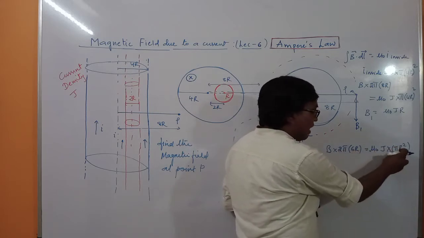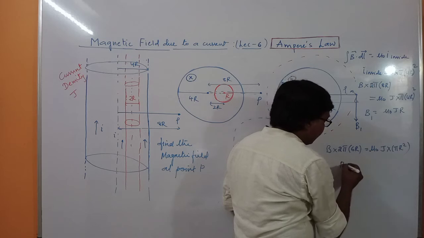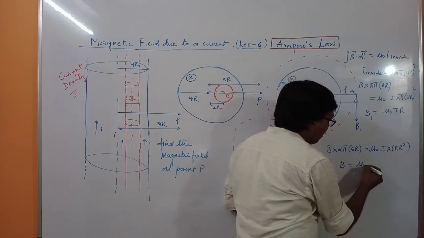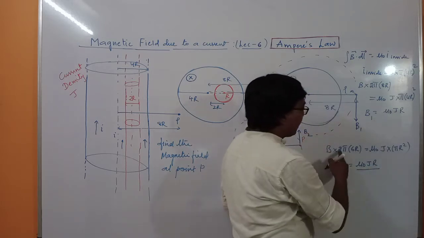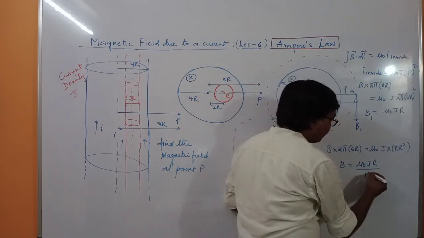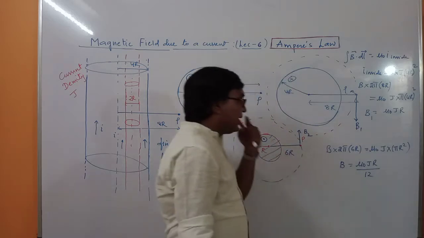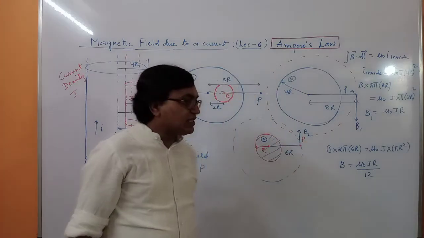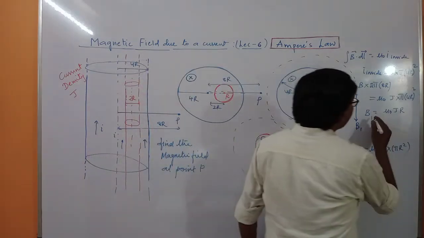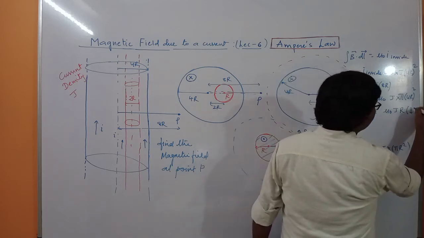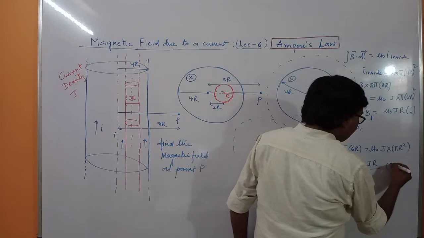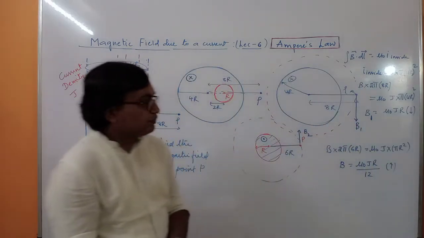So r will remain. Then the magnetic field B is equal to mu naught J r divided by 12. This is the magnetic field. One magnetic field is in the downward direction, and this one is in the upward direction.